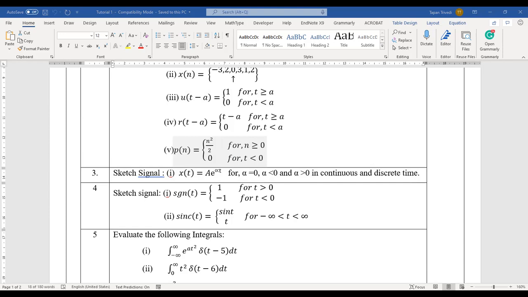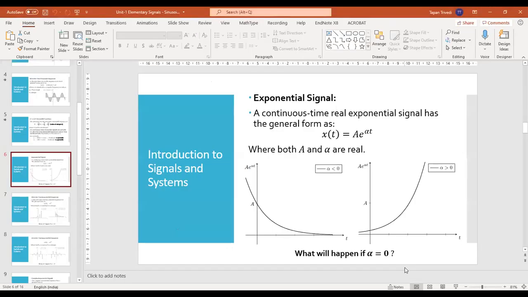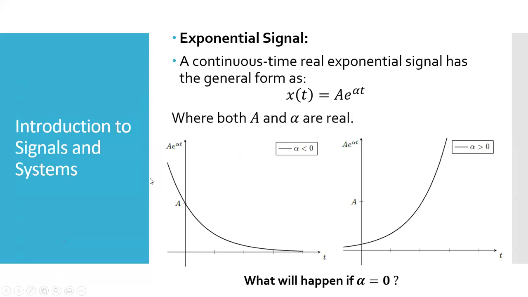Let me show you. Okay. So the question is: sketch x of t equal to a e raised to alpha t, where a and alpha are real.